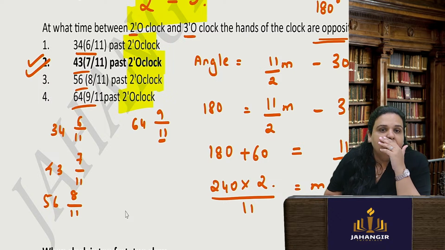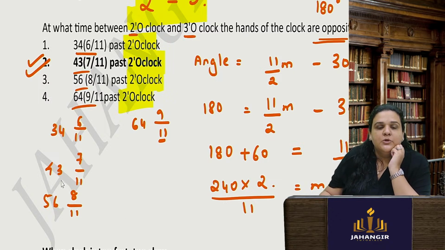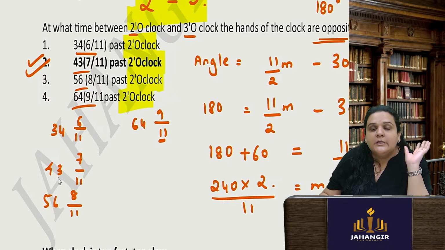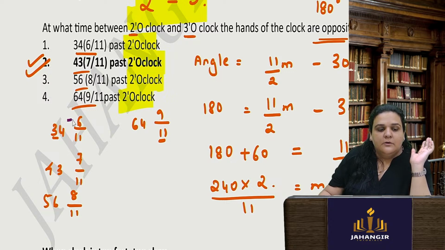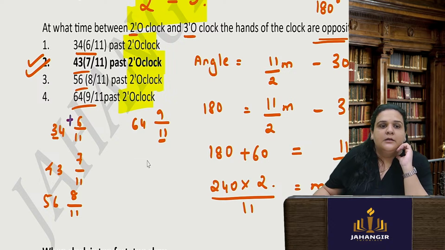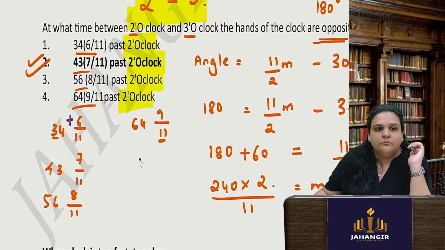Now in the MCQs you will find that MCQ which adds up to the number which has 0 in its units place. Say suppose 34 plus 6. The numerator you will add to this whole number. 34 plus 6 is going to give you 40. Actually, there it is 32.